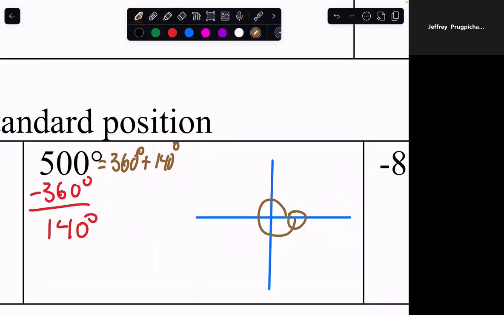Okay, so from here, right here would be an additional 90 degrees. So a little bit past that would be an additional 140 degrees. Okay, and don't forget, draw the arrow. And then also draw in what we call the terminal side from the origin, showing where the angle ends.